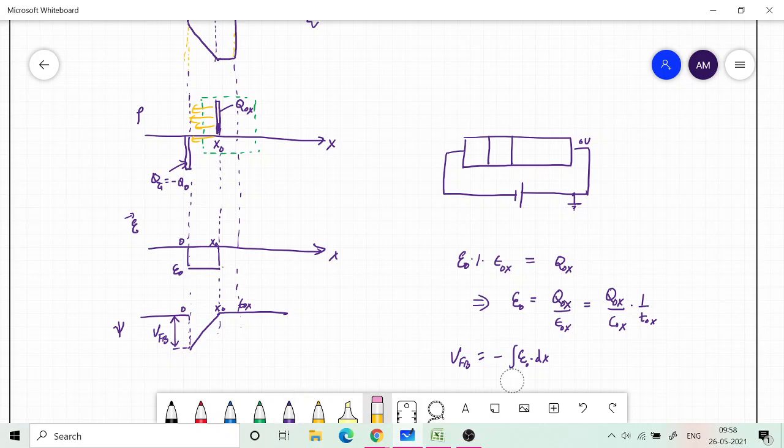I should go from x naught, because it is the voltage at the gate with respect to the other side. The other side is x naught and here it is 0, and E naught is constant, so I can take it outside. So minus E naught, and the integral of dx is x, and then the limit is x naught to 0.